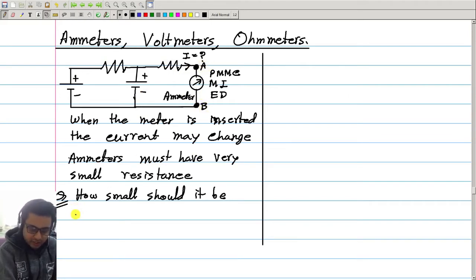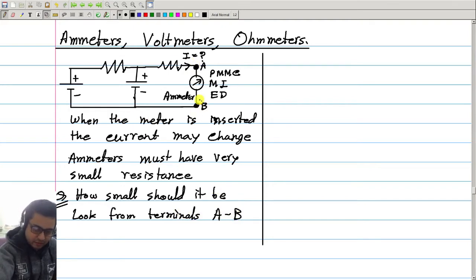So look at the circuit from terminals A and B, and we know that then this remaining part of the circuit can always be represented by a current source in parallel with a resistance.